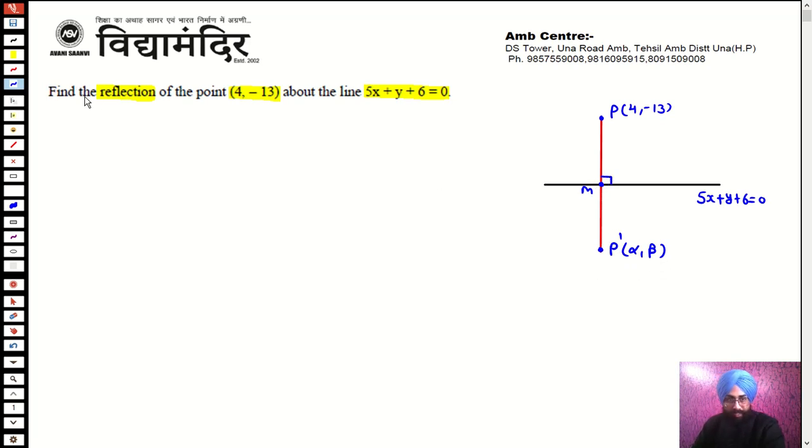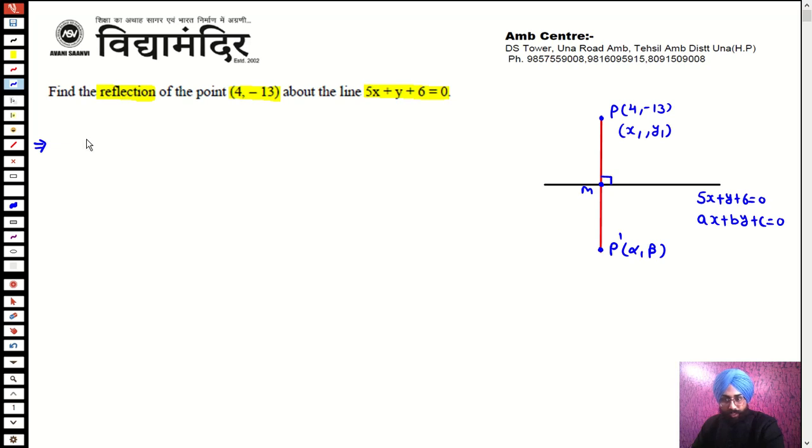But there is a direct formula as well, which will help you to quickly find this point. That formula is: if you have the point given as (x1, y1), the image as (alpha, beta), and the mirror line given as ax + by + c = 0, then you can use this relation to find the coordinates of the image.